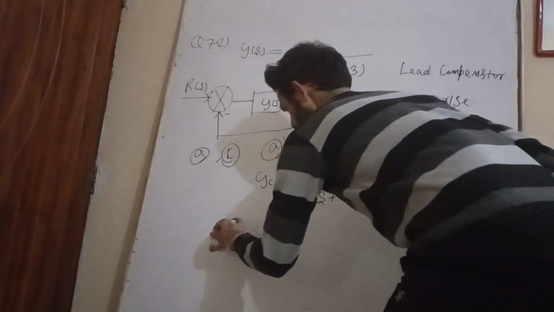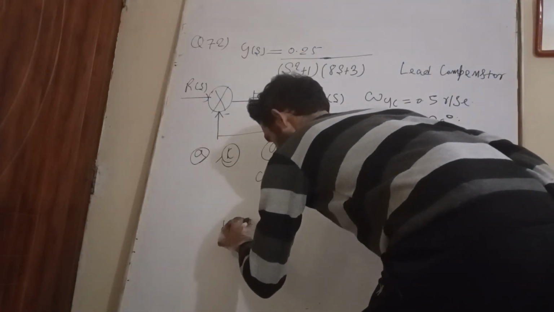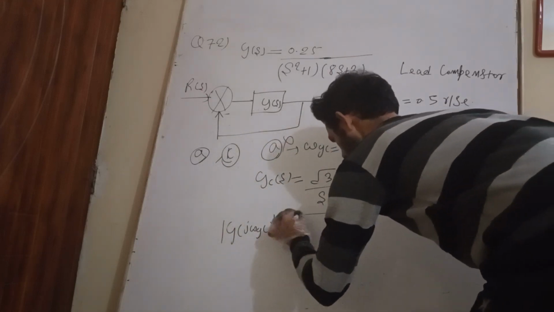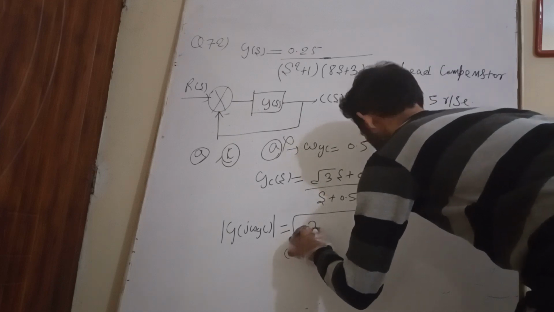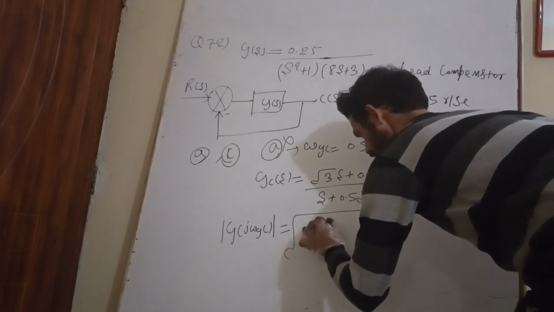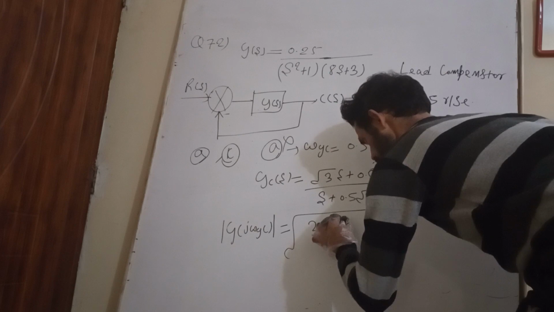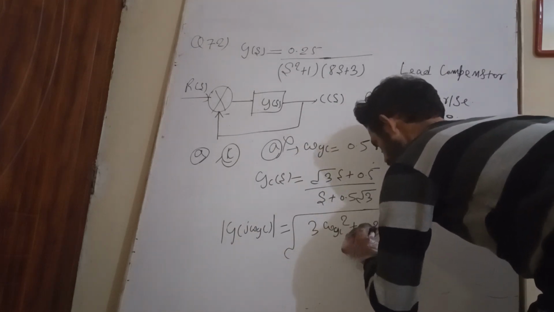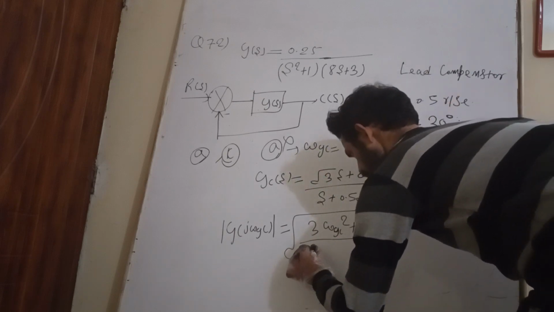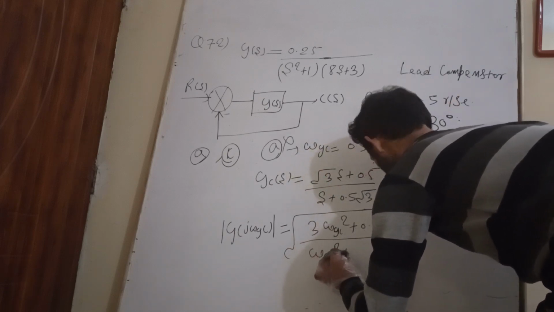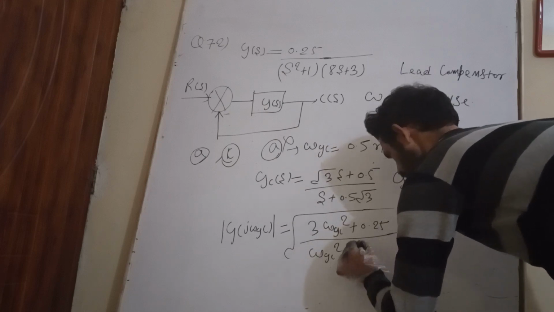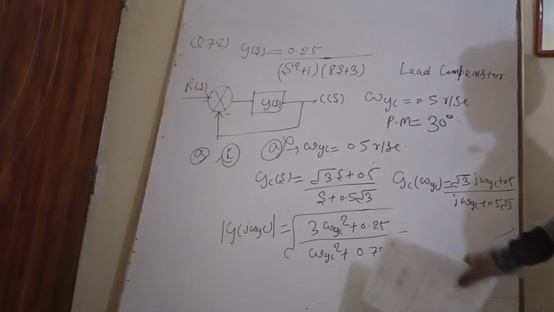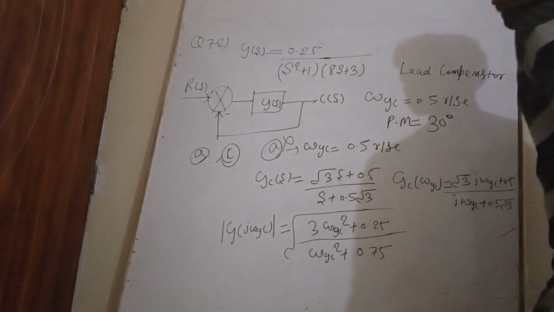Now if we take the magnitude of G of omega gc, how much will it come? It is the square root of (3 omega gc square plus 0.25) divided by (omega gc square plus 3 by 4, which is 0.75).